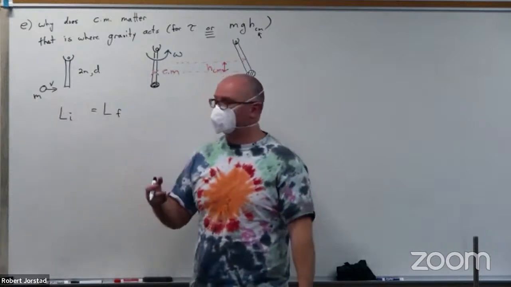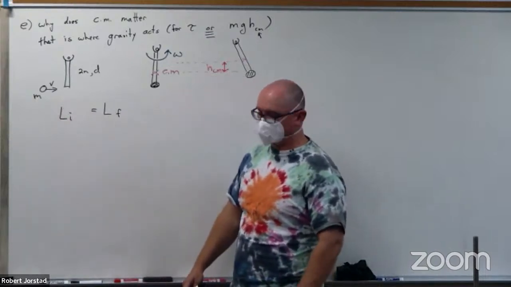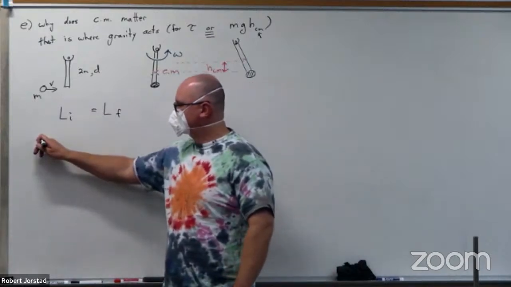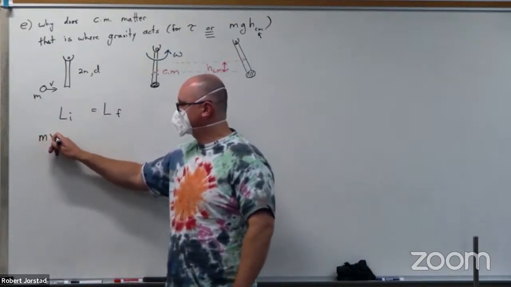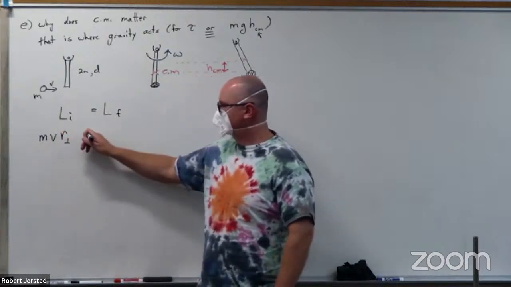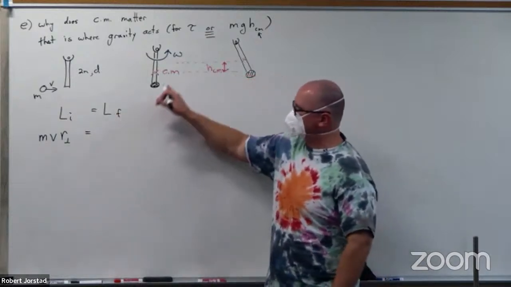What is the equation for angular momentum of a point particle? What was the shortcut trick we were supposed to use? R perp, which is this impact parameter. What's the final angular momentum?